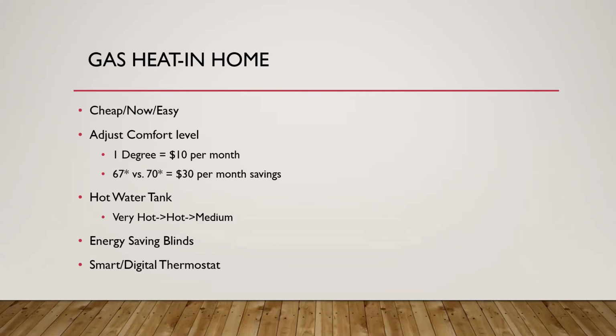So you might think that, oh man, we're living at 67 degrees. We're roughing it. But actually it's 70 degrees in your house and your body hasn't adjusted to it. Switch those out with a digital or a smart thermostat. Now, obviously, a smart thermostat is more expensive than just a basic digital thermostat.